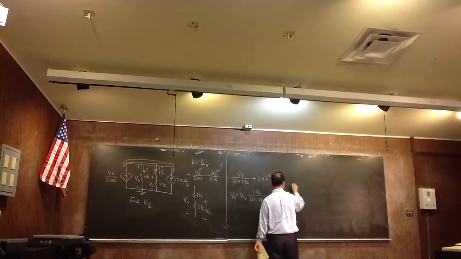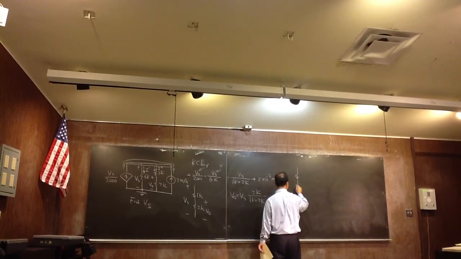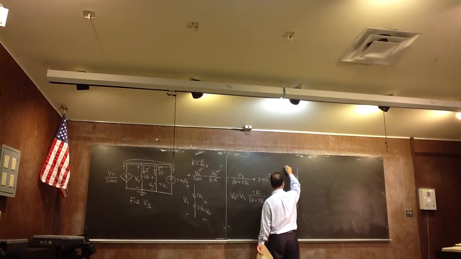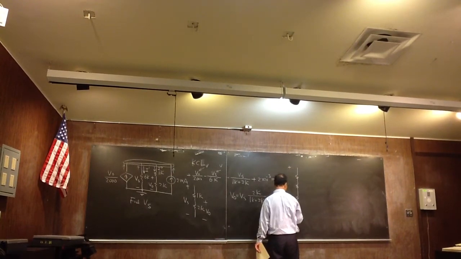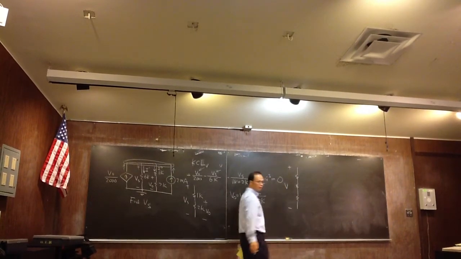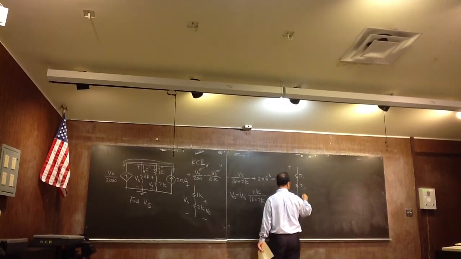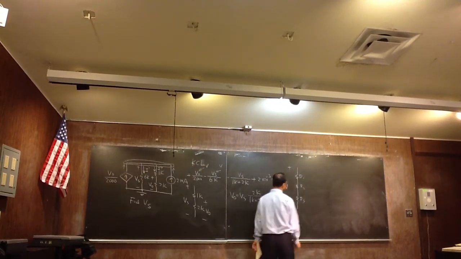Let's say you have 3 resistors in series, and the total voltage from here to here is V. Then you have R1, R2, R3.